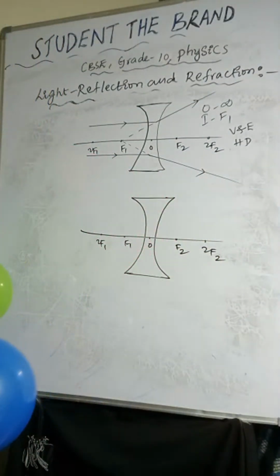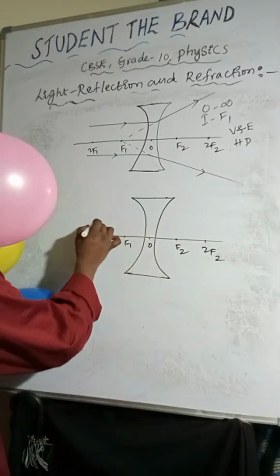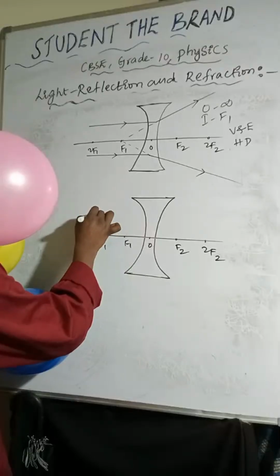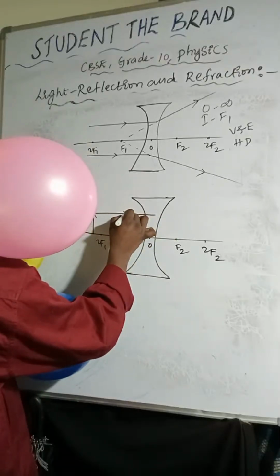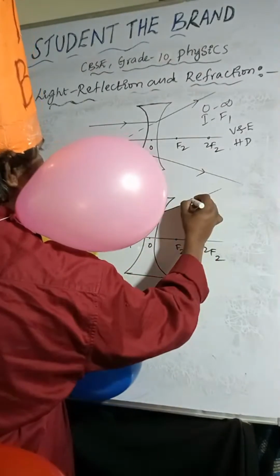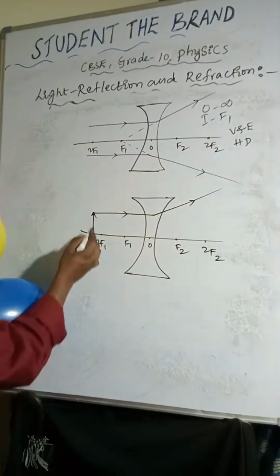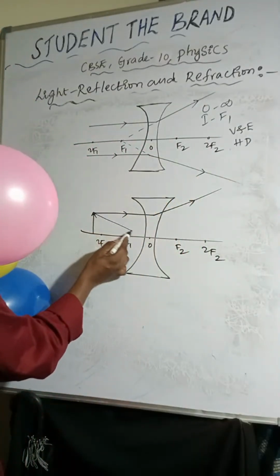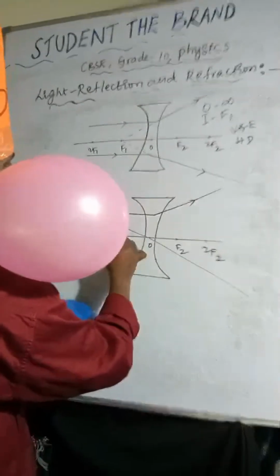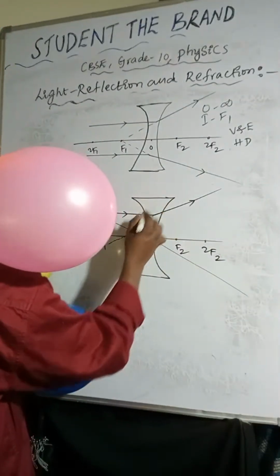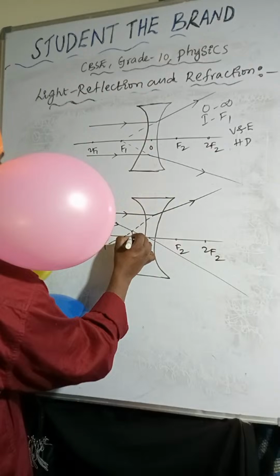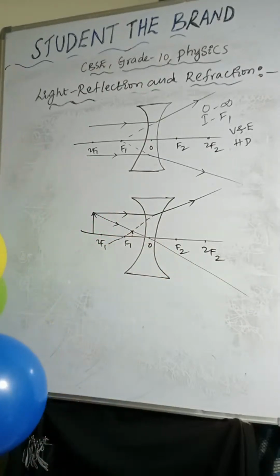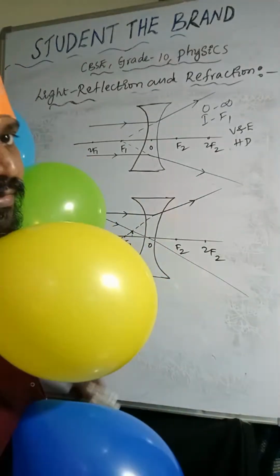The object is placed anywhere between optic center and infinity. How many light rays are required to form the image of the object? Minimum 2 light rays. One light ray I am taking like this, another like this. If you extend like this, the image will form between F1 and O.